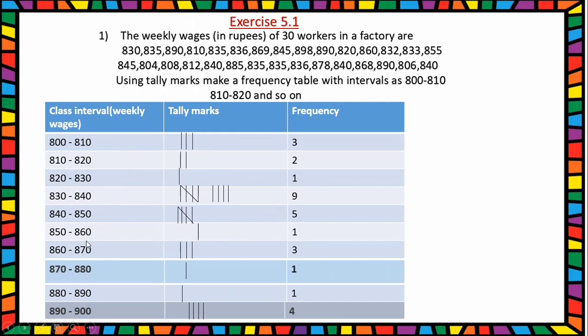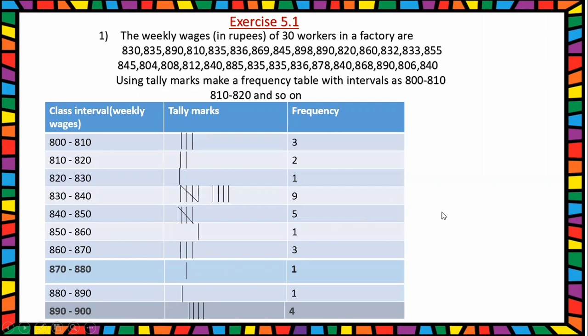Only 1 is getting 850 to 860. 3 are getting 860 to 870. Only 1 is getting 870 to 880. 1 is getting 880 to 890. 4 are getting 890 to 900.